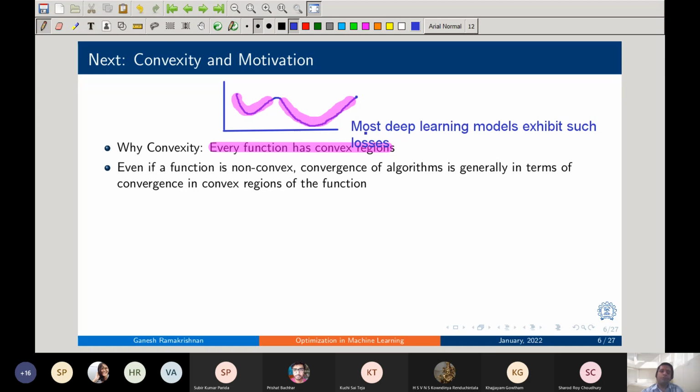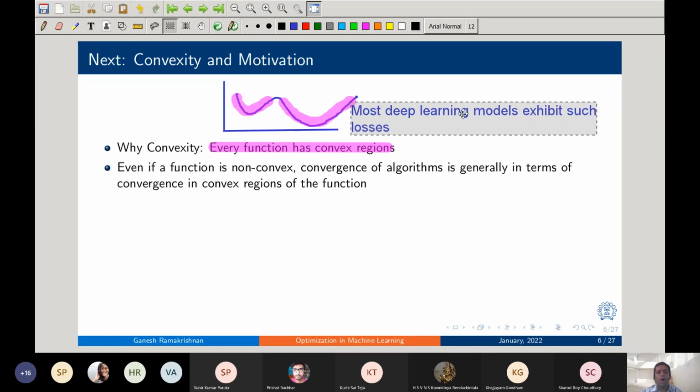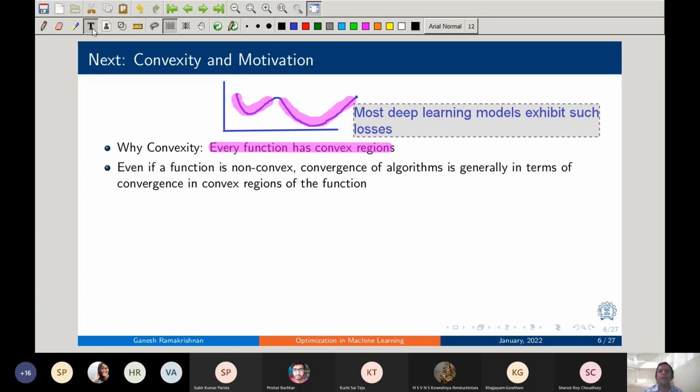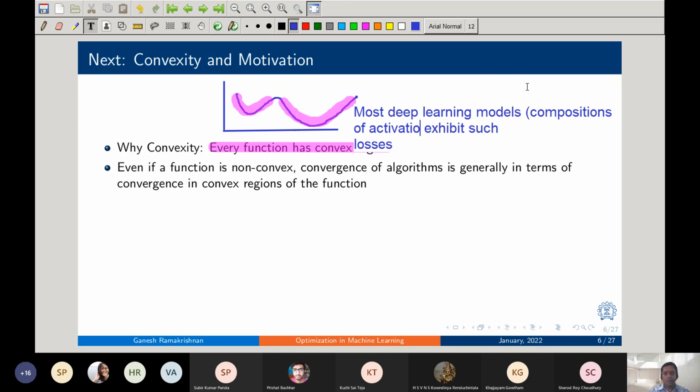You have to remember deep learning models are typically compositions of multiple layers with activation units which are often sigmoid or sigmoid-like. Because of that, they exhibit such losses.